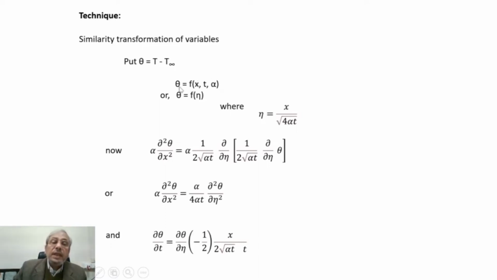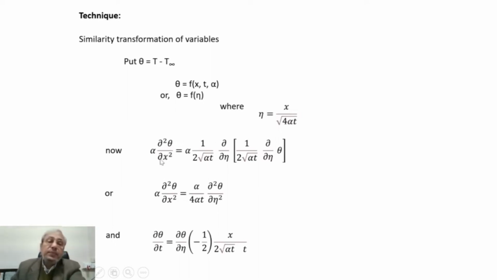Now instead of keeping theta as a function of x and t both, we formulate a parameter eta and make theta dependent on eta, and eta has x and t both, and obviously thermal diffusivity is a property of the solid, so that is also included.